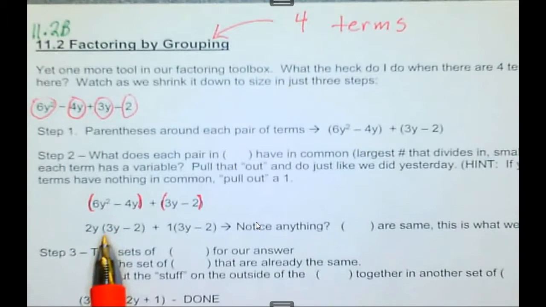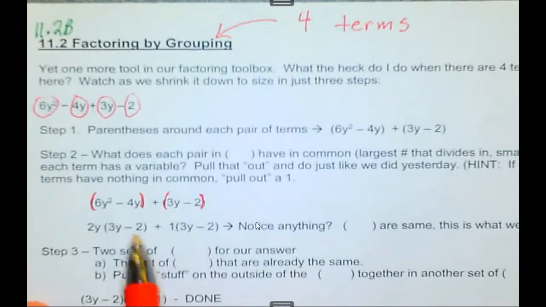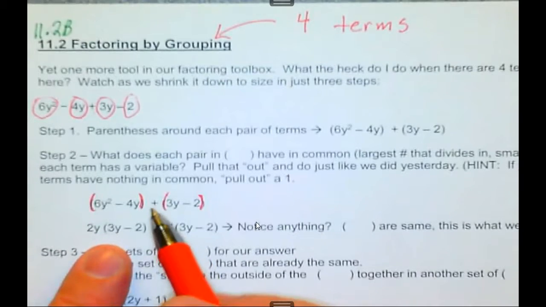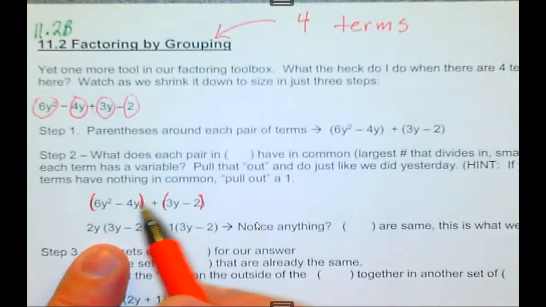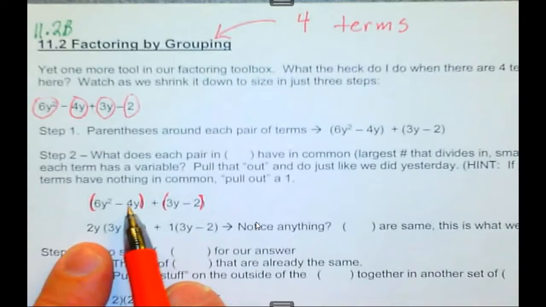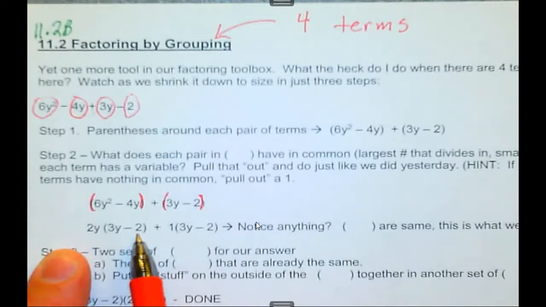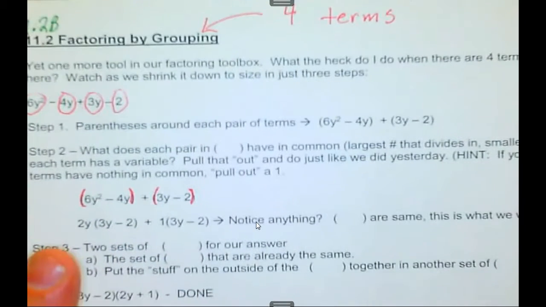Are you confused though? This is from yesterday. This is what we've been doing the past 3 days. And then I take my 4y divided by 2y. So 4 divided by 2 is 2. Y divided by y is 1. So 2 times 1 is 2.